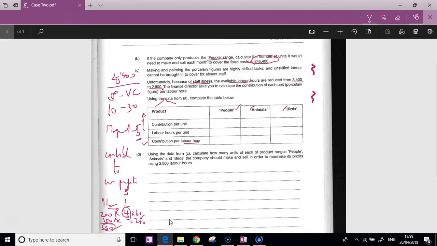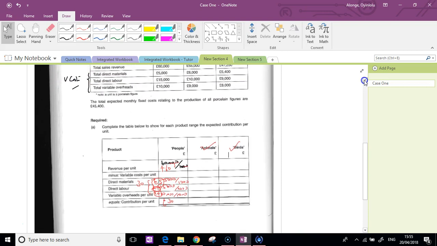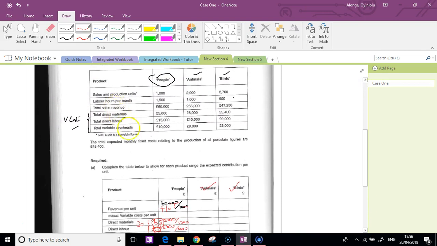So what do we do? We literally do exactly what they want you to do. Find the contribution per unit. Do the same for animal and birds. Find out how many hours you needed to make that unit. So let's just go back to the question. It says direct labor is £15,000, and so you were going to pay £15,000 for 1,500 hours.